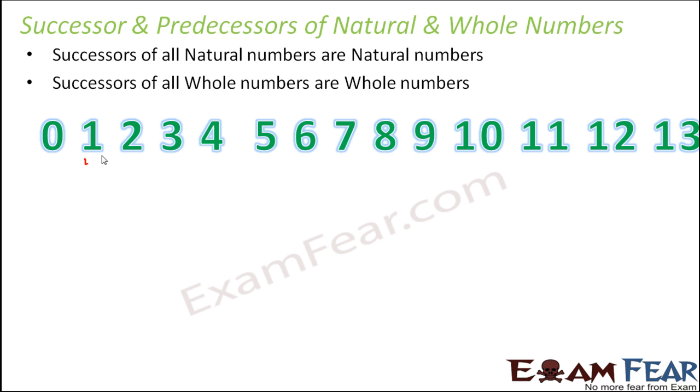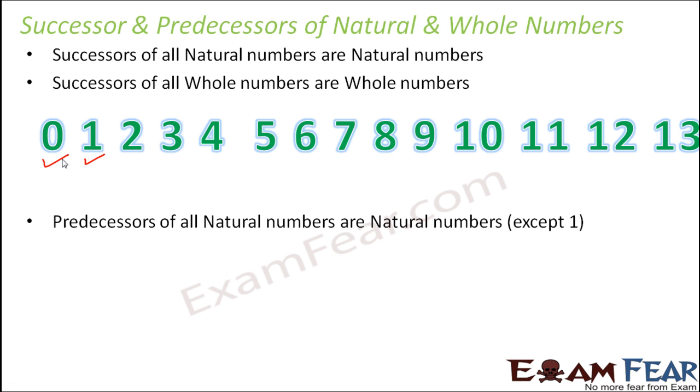Starting from 1, every natural number will have a successor which is a natural number, because from 1 till infinity, all numbers are natural numbers. Similarly, successors of all whole numbers are whole numbers. Whole numbers start from 0, so the successor of 0 is 1, the successor of 1 is 2, the successor of 2 is 3, and so on.